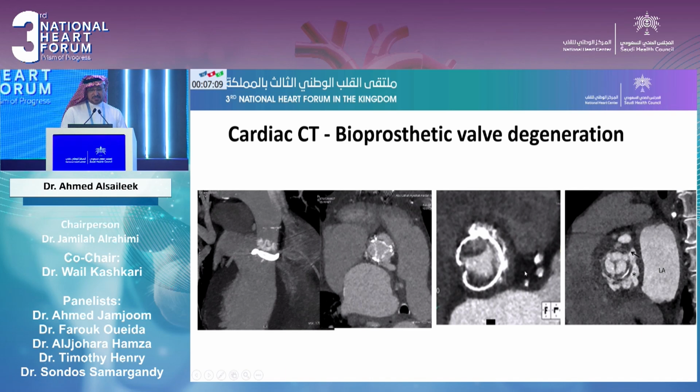If there is thickening like this, we have to differentiate whether this is thrombosis or just degenerative thickening. Because thrombosis might be treatable by anticoagulation for a while and it might resolve. But if it is complete degeneration, also associated with calcification, it might not resolve.